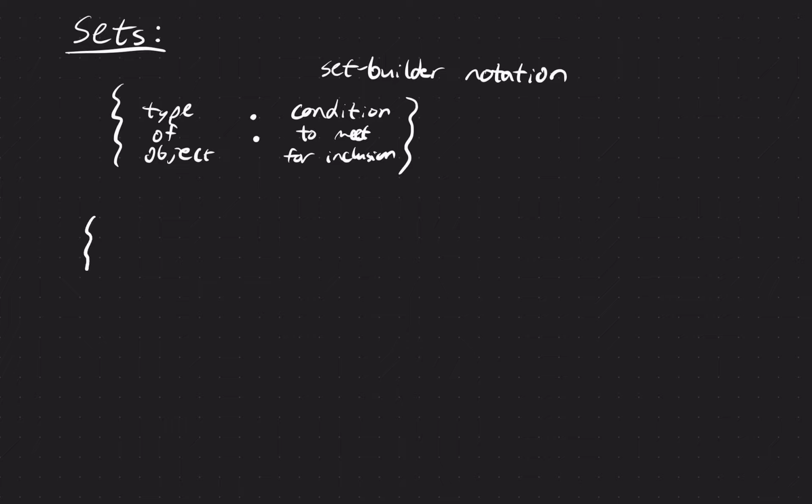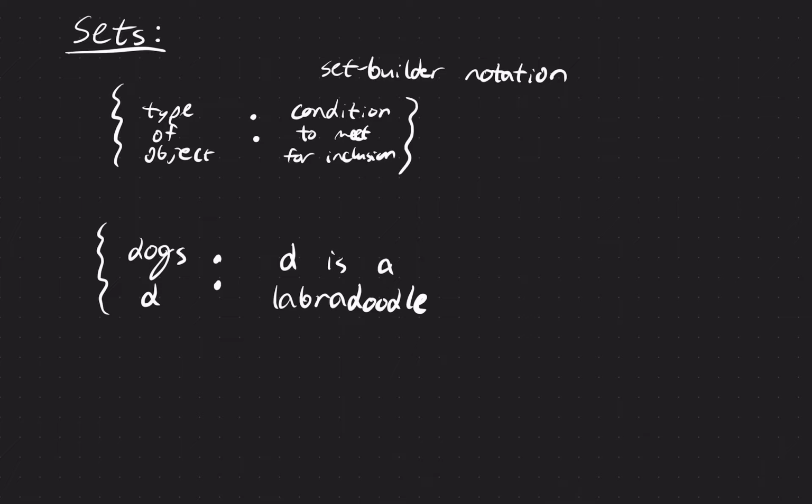For example, one we might have seen is, let's say, the set of dogs, we'll call that D, such that D is a labradoodle. And this gives us the set of all the dogs that are labradoodles.